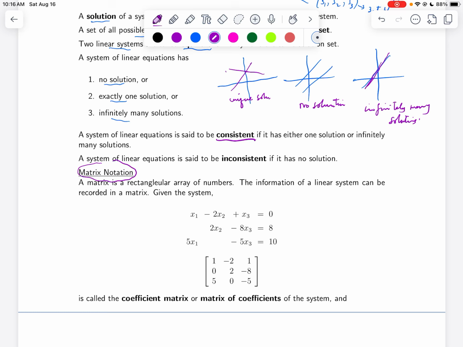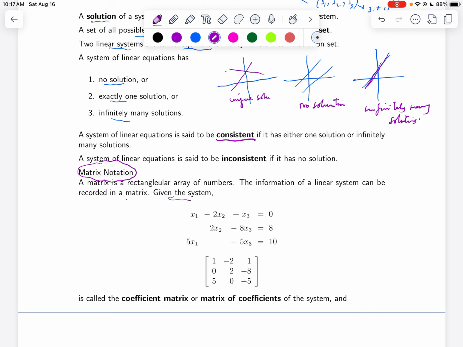So now we will see how we can write or convert our equations into a matrix. What is a matrix? A matrix is a rectangular array of numbers, and the information of a linear system can be recorded in a matrix.